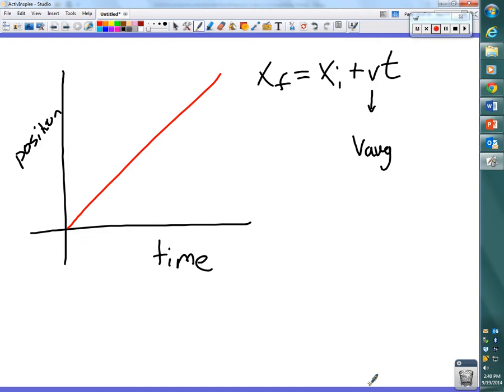Now, for an object that's moving with a constant velocity, what's the average? That velocity, right? If something's going constantly at 4 meters per second, if you go 4 plus 4 divided by 2, you get 4, right?